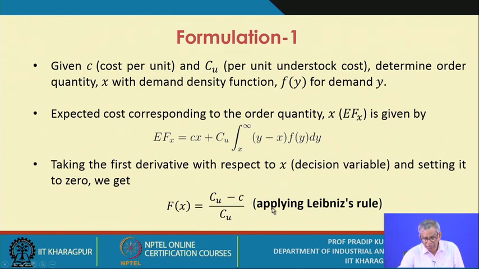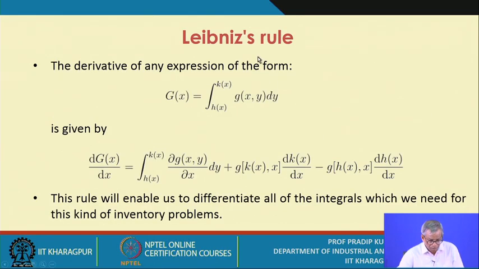So how do you get it? You need to apply the Leibniz rule. That means you need to differentiate an integral function, so obviously you need to use the well-known Leibniz rule. So what is the Leibniz rule?